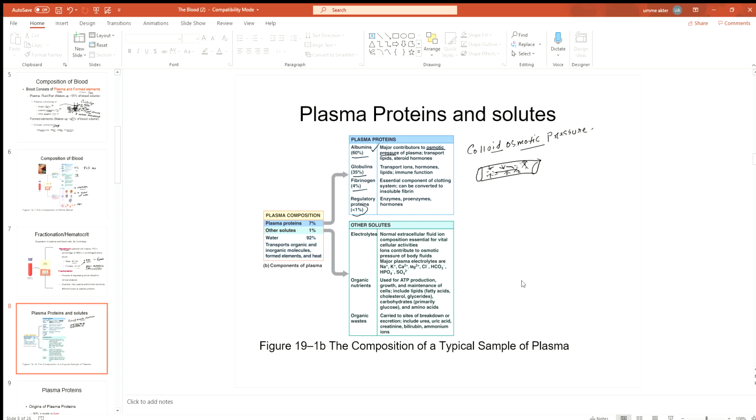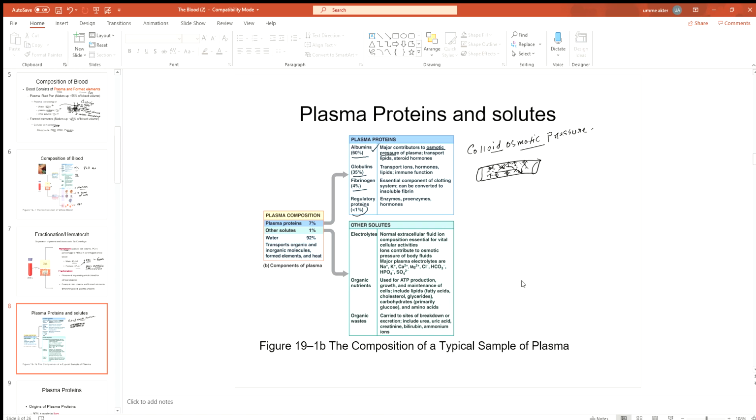Now if colloid osmotic pressure is lost or decreases, then what will happen? The blood will tend to move towards the wall. The outwards pressure will increase. So what will happen if the pressure increases towards the wall?